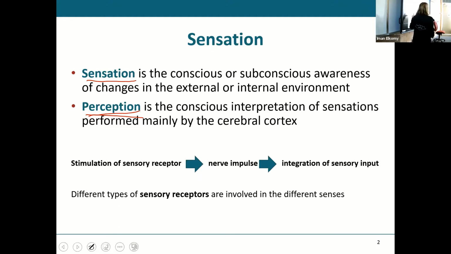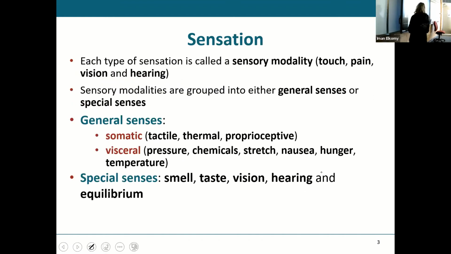The pathway for these sensations will always be a sensory receptor that initiates a nerve impulse that goes up to be integrated up here in your cortex, remember? Now, there are different types of receptors for each sensation, and we are going to talk about the different receptors and what they do.